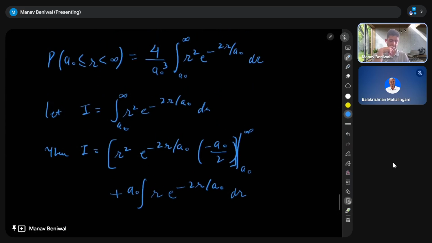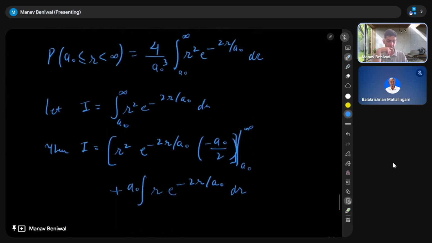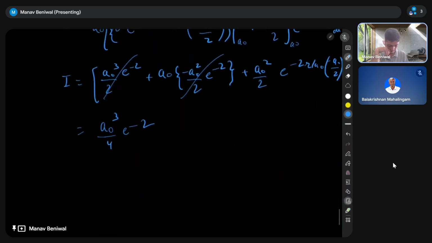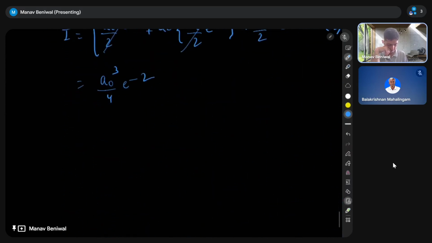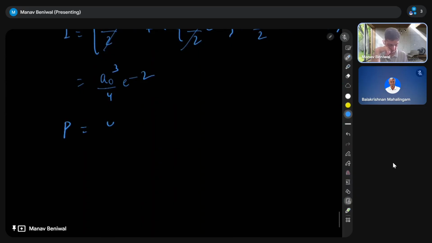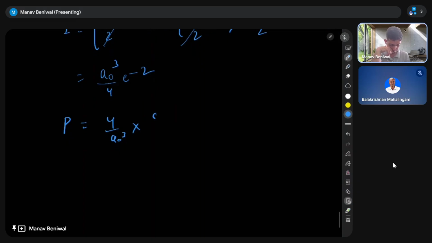This is I, and then we have to multiply this thing by 4 by a0 cube to get our probability. So our probability P is 4 by a0 cubed multiplied by a0 cube over 4 e minus 2, or 1 over e squared. Let's write as 4e squared. So this 4 and this cancel out, and let's find out the value of 1 over e squared.